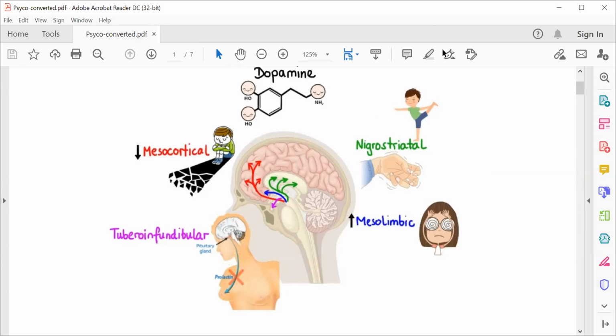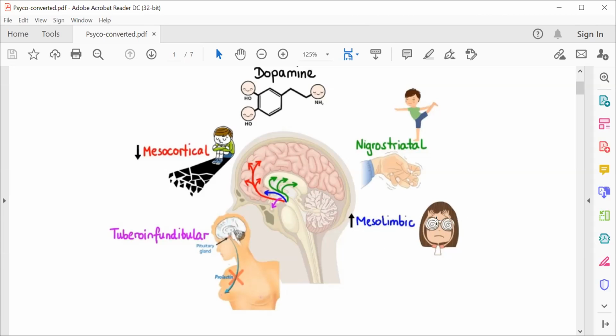Ahmed, are you still there? Yes, I'm following. Okay, so you are with me on this part, positive symptoms, correct? Yep. So in the mesolimbic pathway, when dopamine increases, it will increase the positive symptoms.